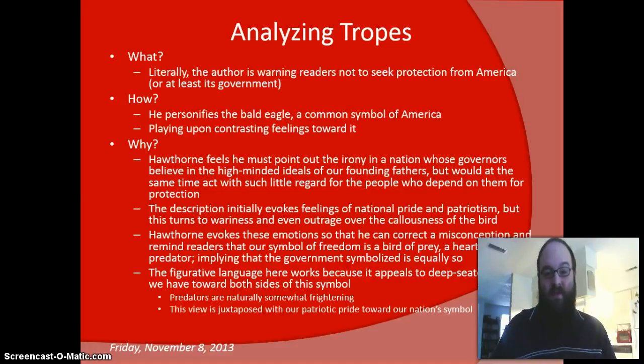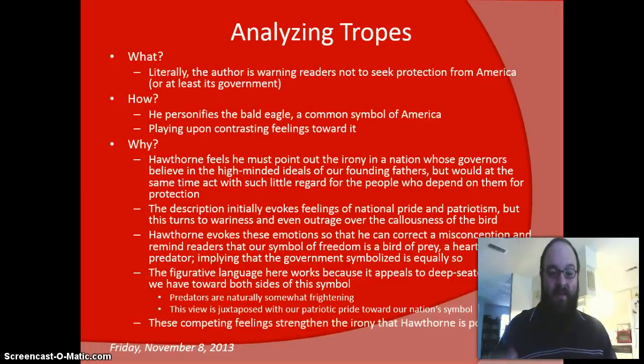This view he juxtaposes with our patriotic pride, our appreciation of our nation's best known symbol. And so these competing feelings strengthen that irony that Hawthorne is pointing out. Irony, by the way, is just when an author tries to point out the way something is that's not how we believe it should be or how we naturally expect it to be.